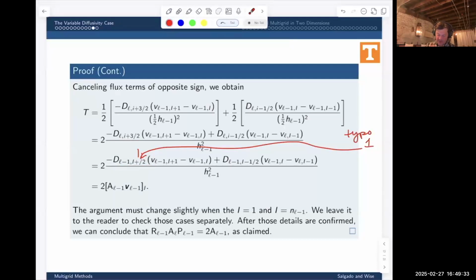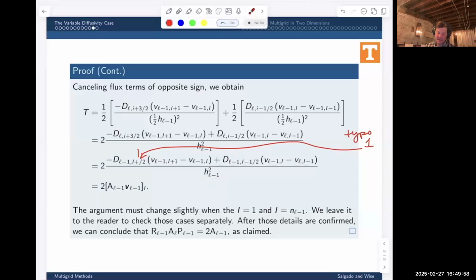But now once I've gotten to this point, notice by the way, where did the half go? Well, I have a half. Remember, h_l is equal to half h_{l-1}. So I take this half and I square it, I get a quarter. So that becomes 4 times a half, I get a 4 out front, which becomes a 2. What's left is h_{l-1}.